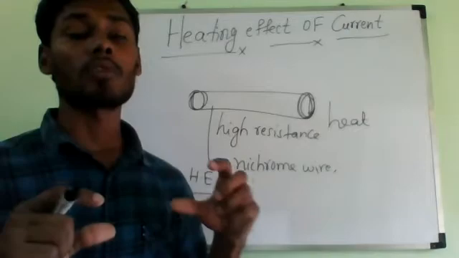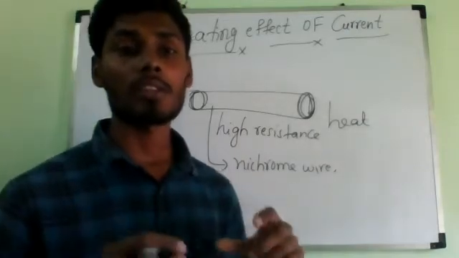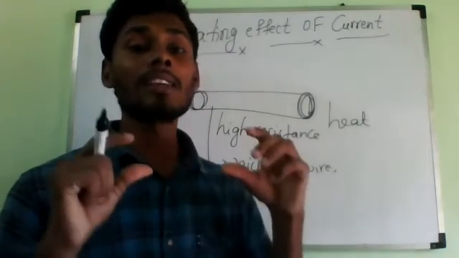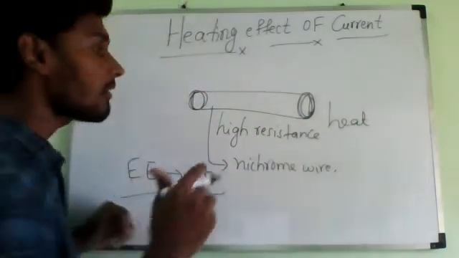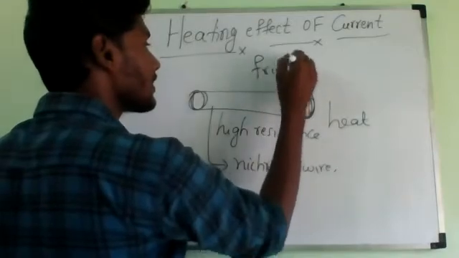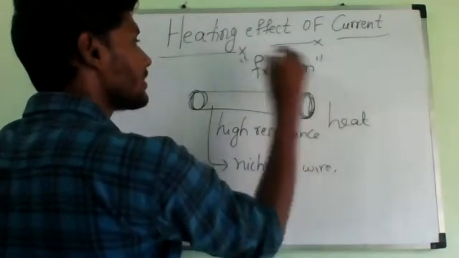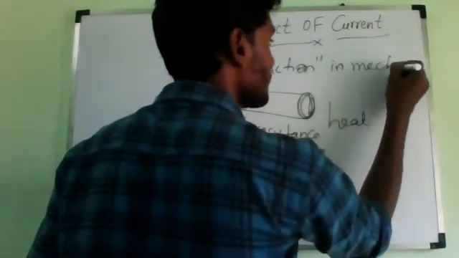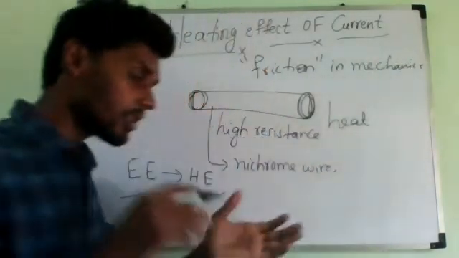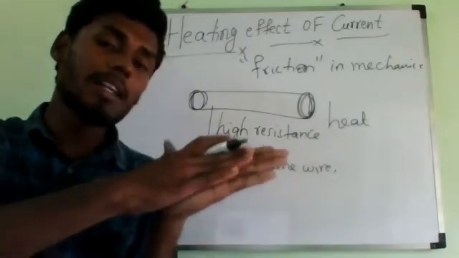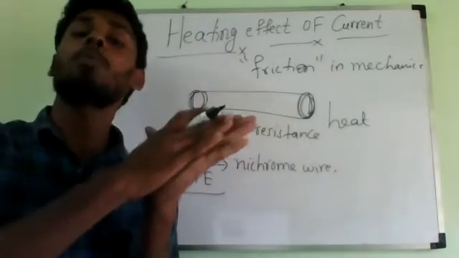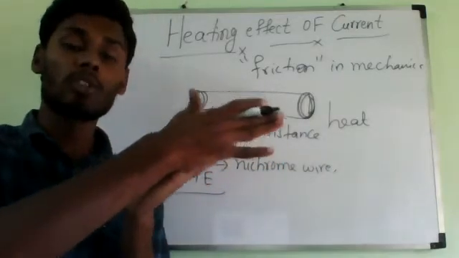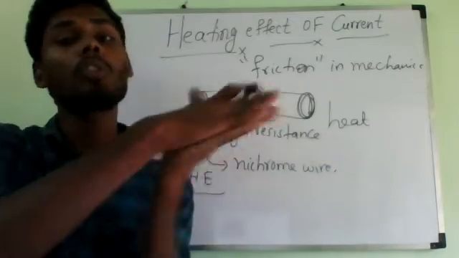The role of resistance in an electrical circuit is similar to the role of friction in mechanics. Suppose if you want to slide my hand here, you have to apply some mechanical energy to overcome the frictional force, because frictional force always acts opposite to the motion of the body.